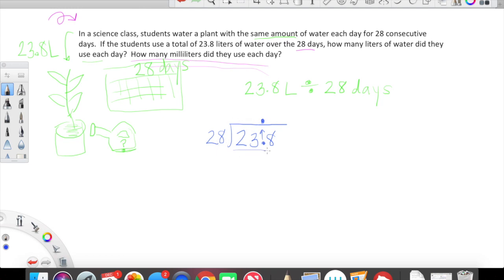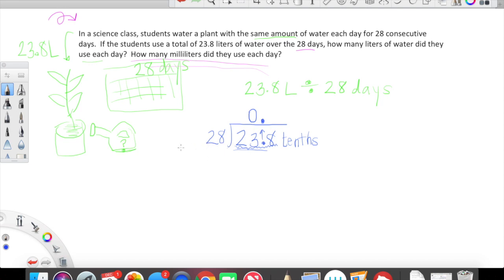If we look at the first two numbers, 28 into 23, that's not going to work. So I'm going to put a 0. But if we look at 238, and of course this would be 238 tenths, we can now spread 238 tenths evenly across 28 groups.